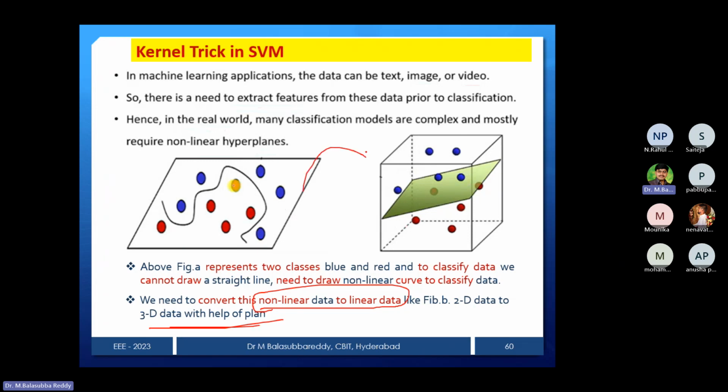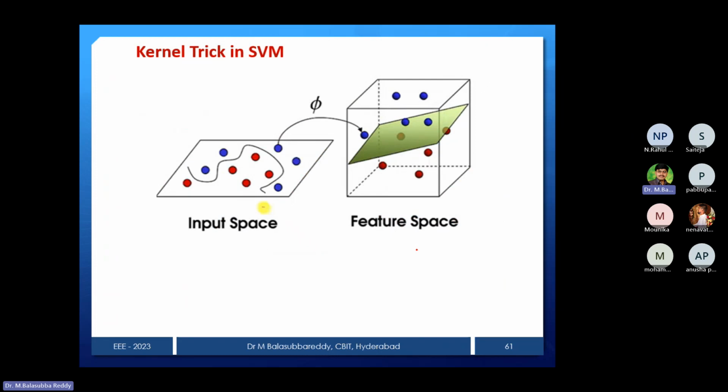How it is converted, I will show you with the formula as well. Whatever 2D data is there, you have to convert to 3D data so that the classification is easy. You have to convert the input space to feature space, and you have to convert all the points.